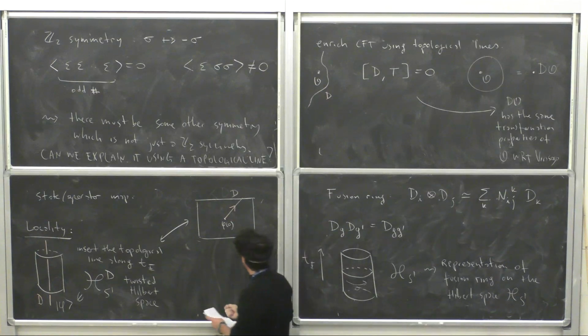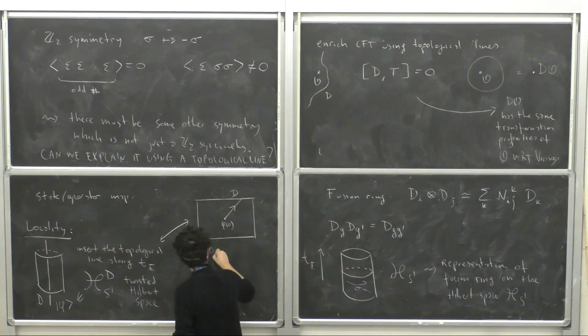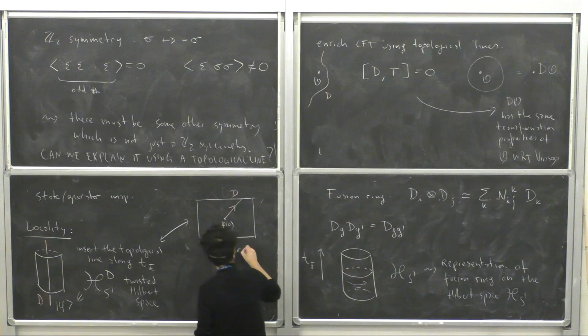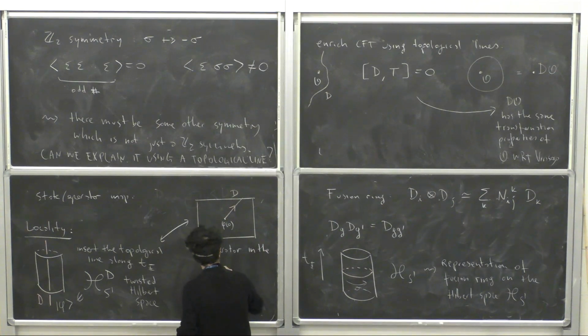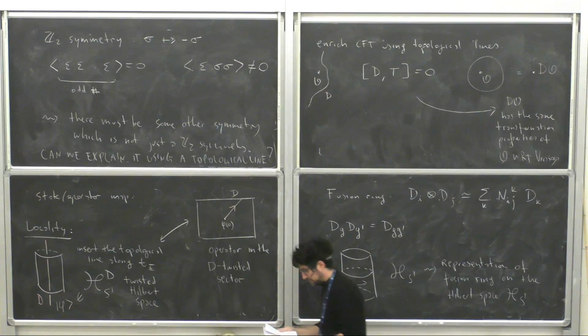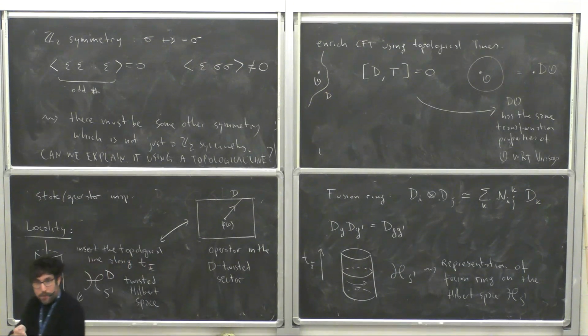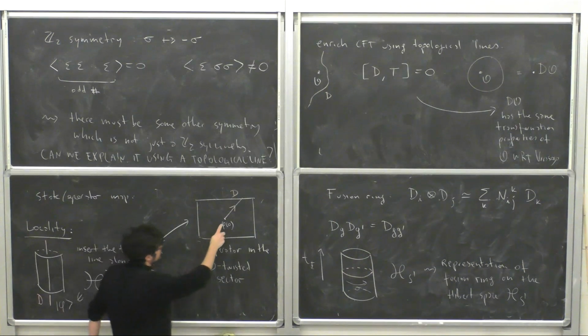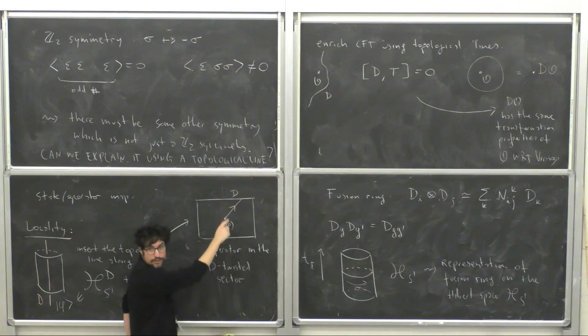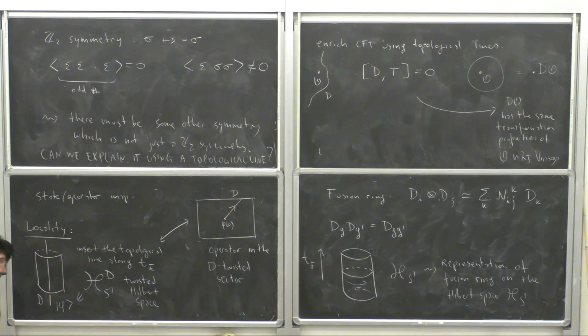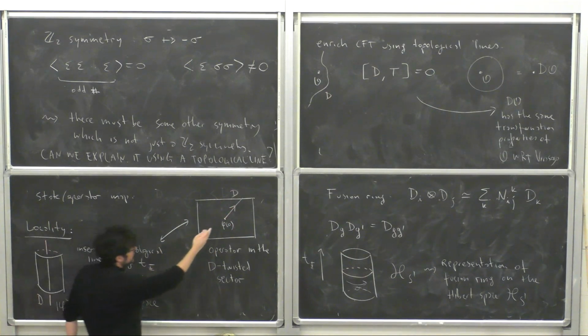So we say that this operator is an operator in the D-twisted sector. It is like a point-like operator, but it's not really a point because it has this line attached. And the dependence on the position of the line is only topological.